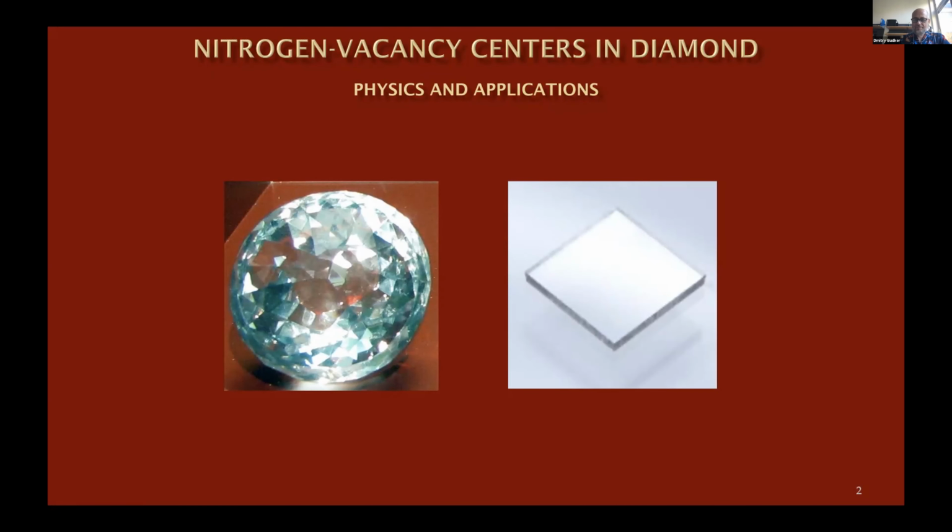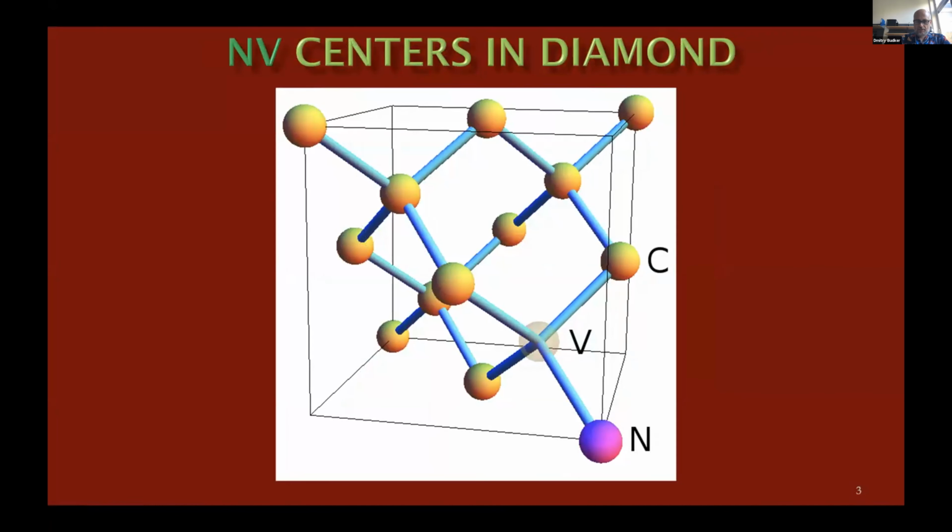It turns out that the beauty is actually not in perfection, but in the defects. Some of these color center defects is what we enjoy in diamond. And there are thousands and thousands of them. They're very different, but the one that is particularly interesting for us is the nitrogen vacancy center.